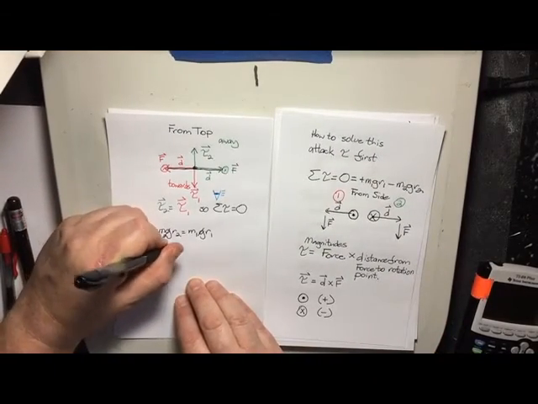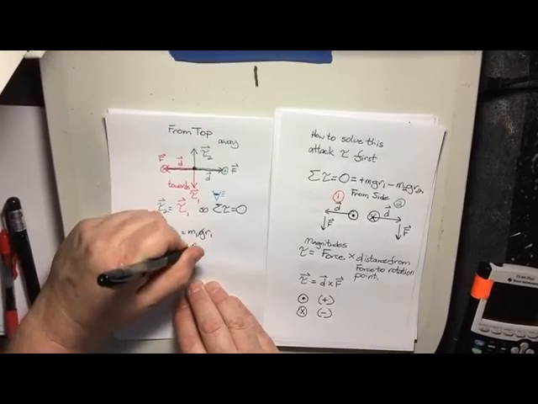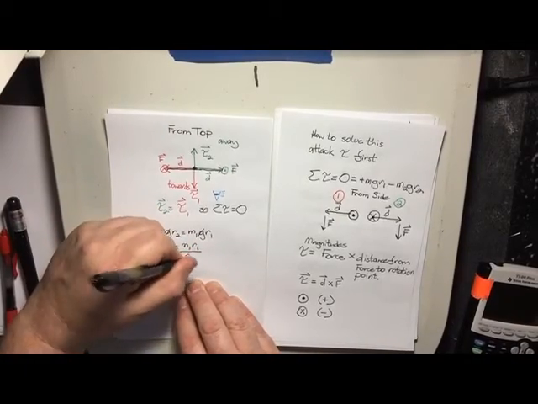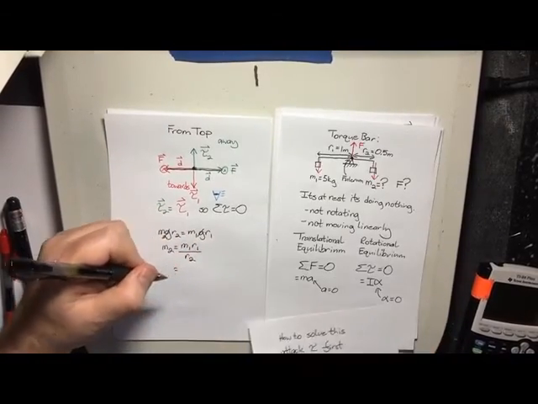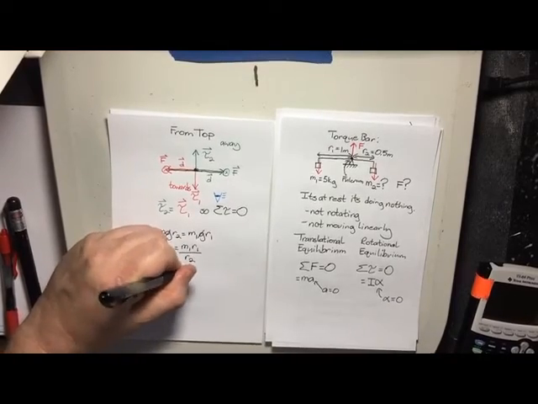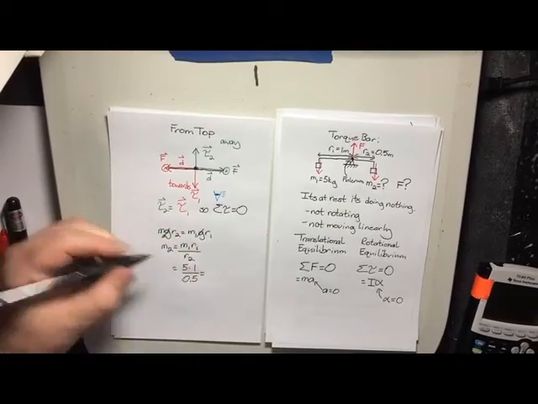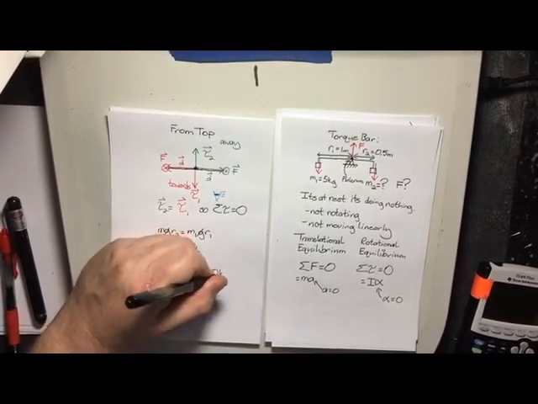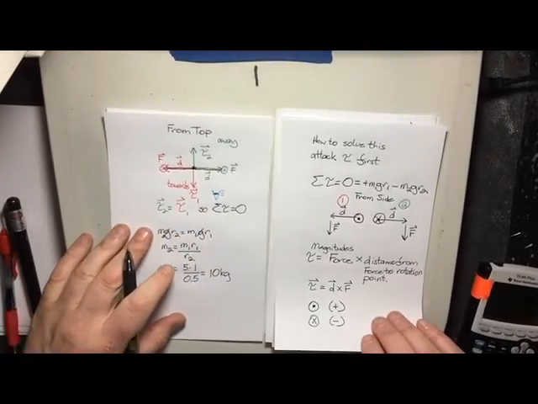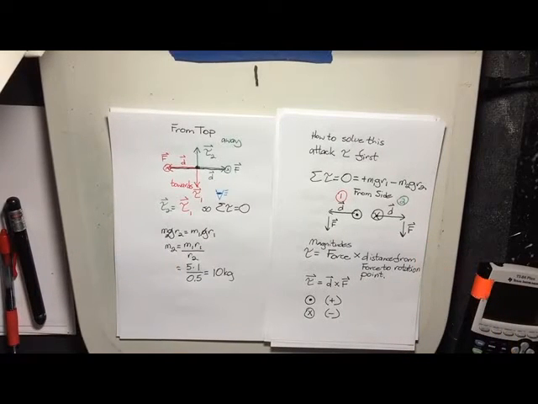So M2 is equal to M1R1 over R2. M1 is 5, R1 is 1, R2 is 0.5. So M2 is equal to 10 kilograms. And so that is a simple torque bar problem.